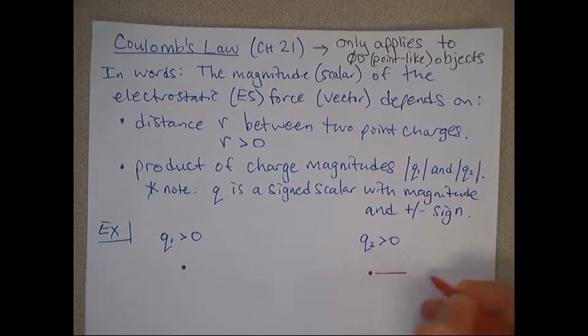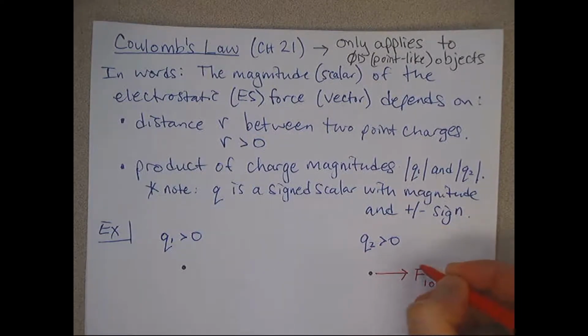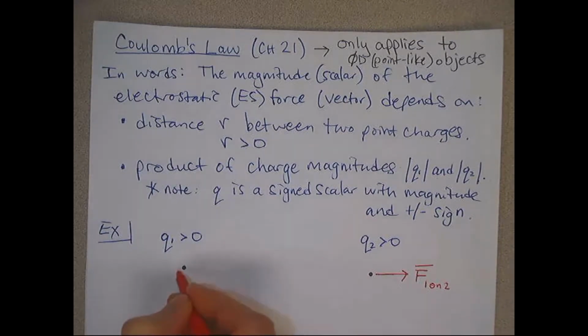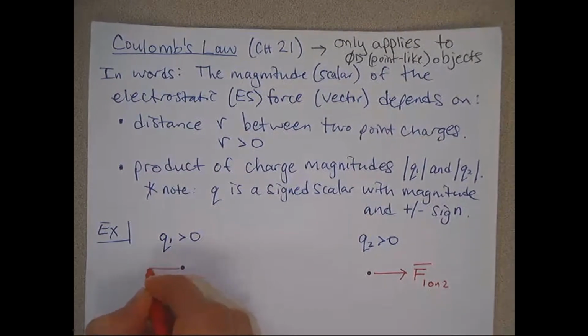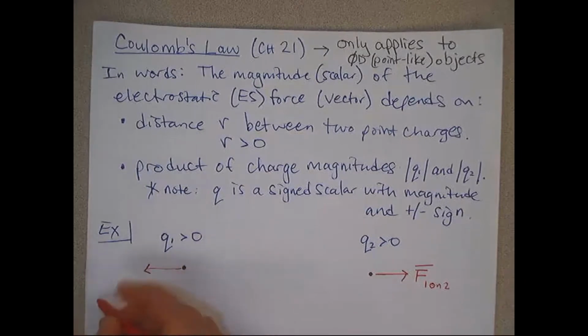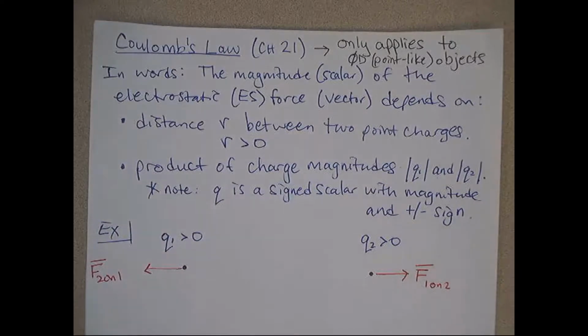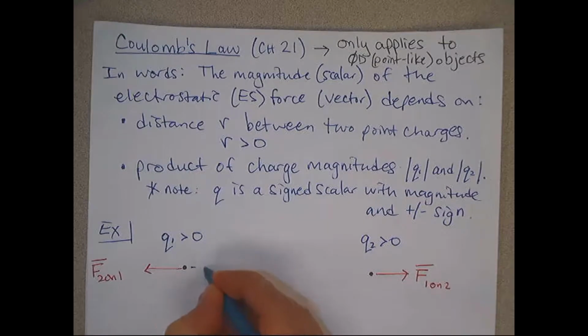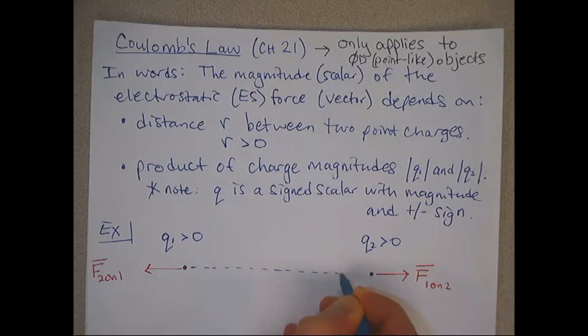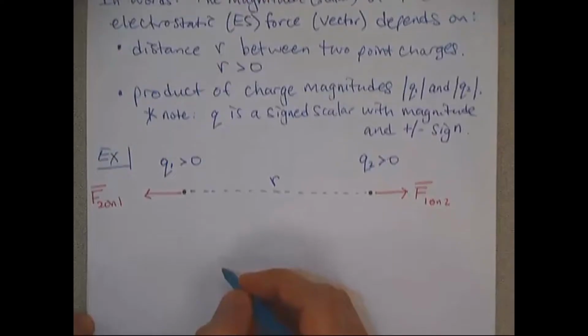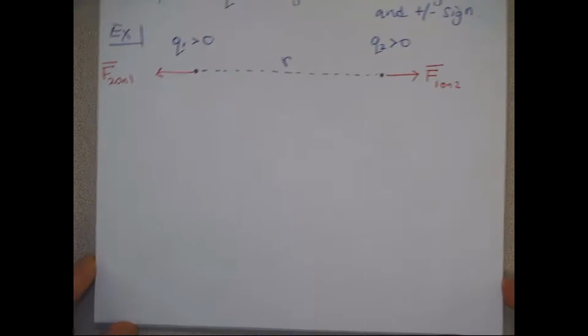We have the force vector 1 on 2, the vector sign, and force vector 2 on 1, pushing charge 1 away from charge 2. We must label the positive distance, r, between the charges in our diagram.